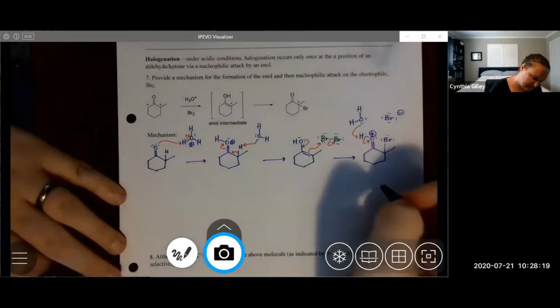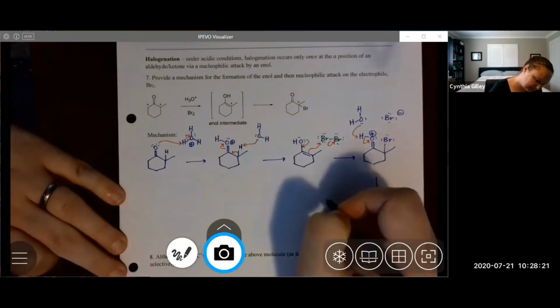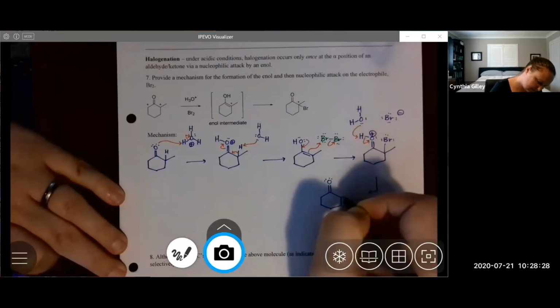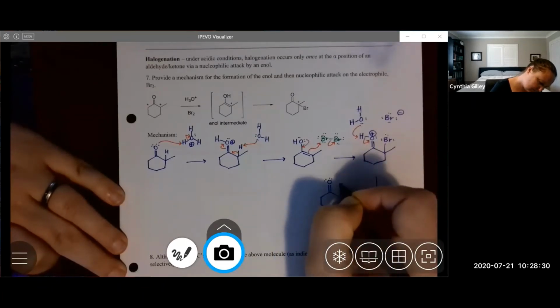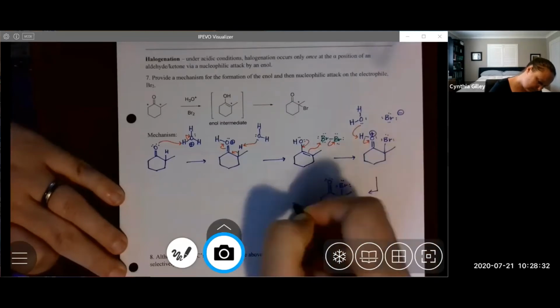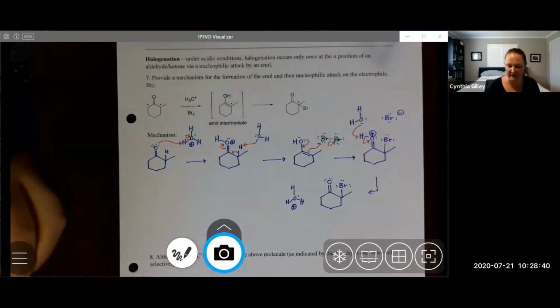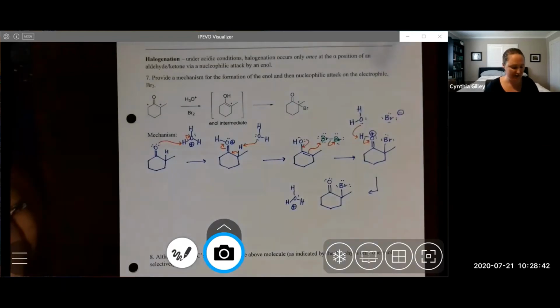Right, and that produces the product and regenerates our catalytic acid. Okay, and under acidic conditions, typically we only add one halogen.